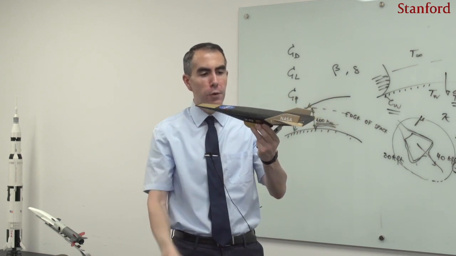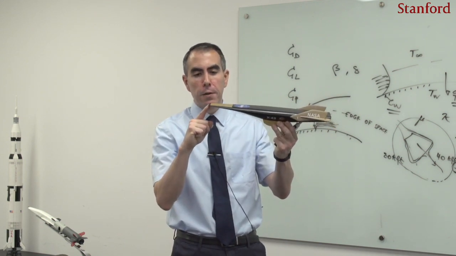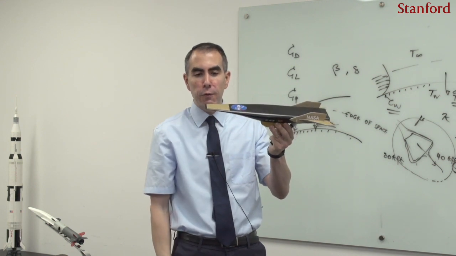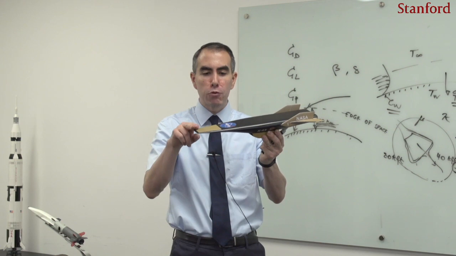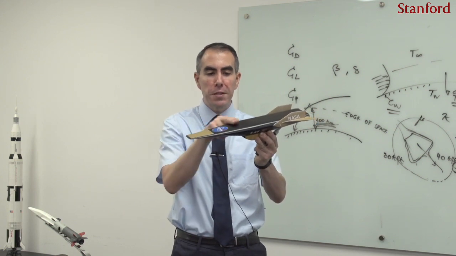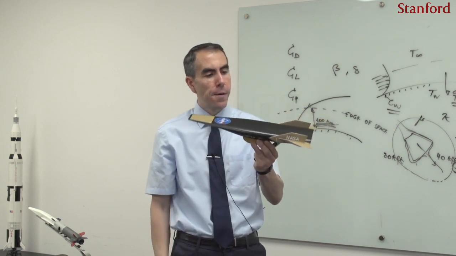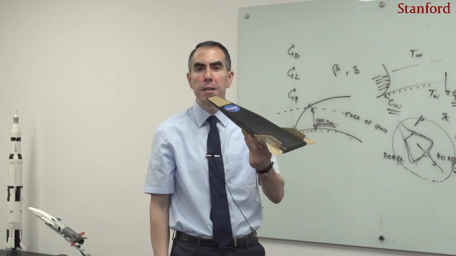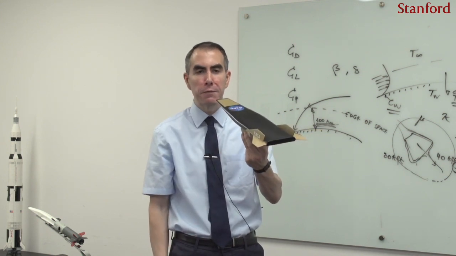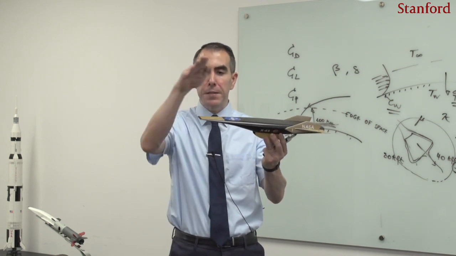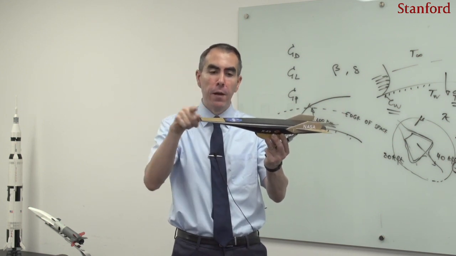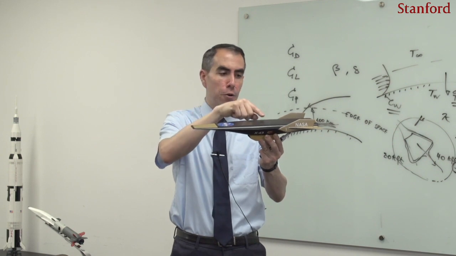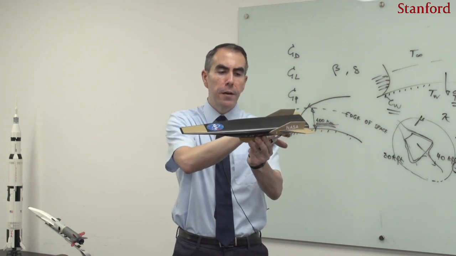For instance, here, close to the edge, a relevant size is the radius of curvature of the edge. And on top of that, there is also a Reynolds number that depends on the streamwise distance along this surface. So we could define multiple Reynolds numbers for this system. On top of that, there is also a shock wave here. So the free stream conditions are not going to be the same as the conditions downstream of the shock, or, for instance, down here on the wake.